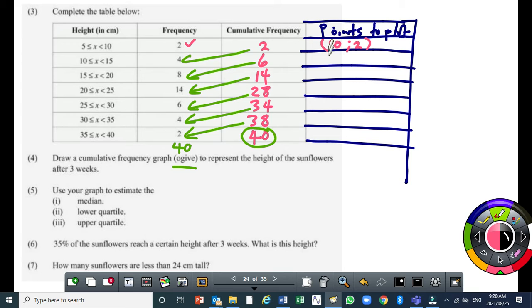Then the next one will be 15 and 6. And then you have got 20 and 14. Then you have got 25 and 28. Right? 30 and 34.